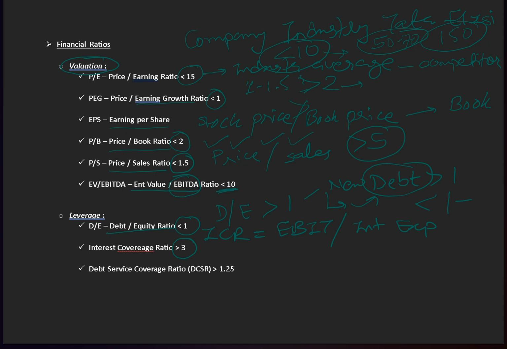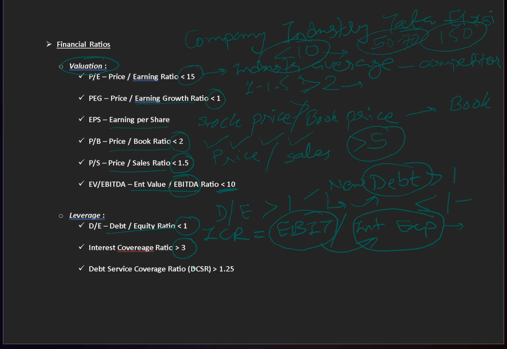This ratio shows how efficiently the company generates EBIT to pay its interest expense liability. So if this ratio is higher, that means more profit is coming and the company is easily able to pay back its interest expenses.